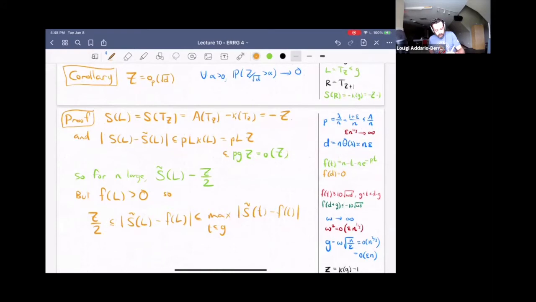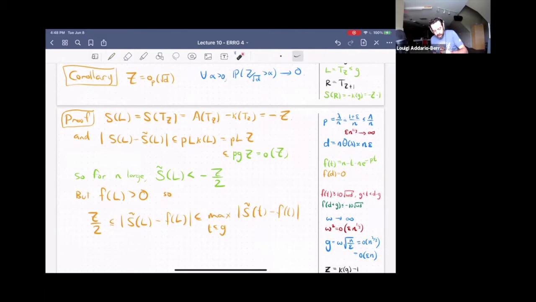Right, sorry, I'm missing an inequality. This is less than minus z over 2. I'm just saying, because f is positive, I'm going to get something less than minus z over 2, so after taking absolute values, I get something bigger than z over 2.